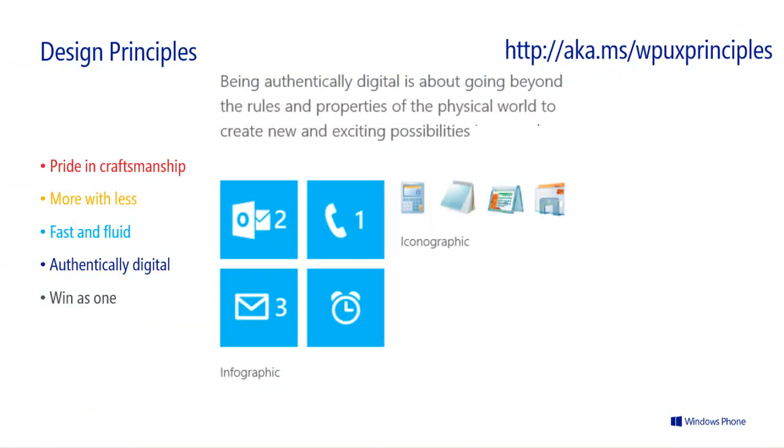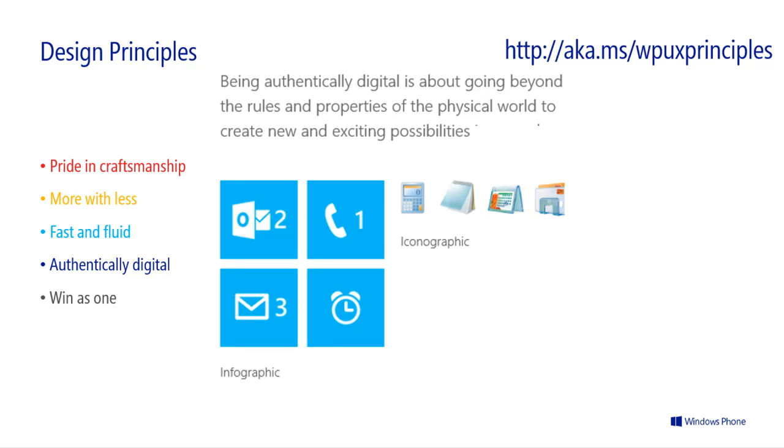This one's interesting, this authentically digital point, because obviously on other operating systems, one in particular, you have this notion of what's called skeuomorphism, where something will look like rich Corinthian leather or fine-grained wood, and in the background looks like a real desk or a real index card. And we don't think that's actually very useful in today's modern age.